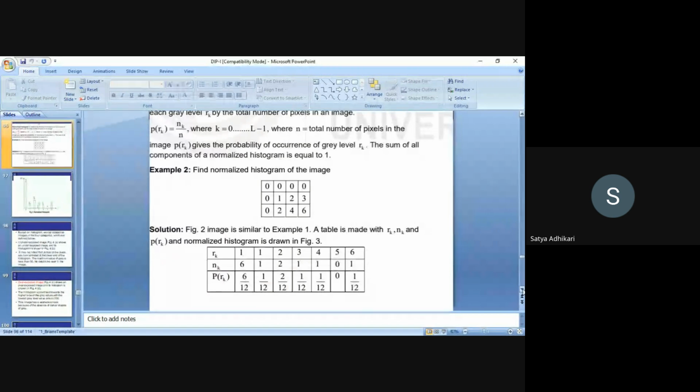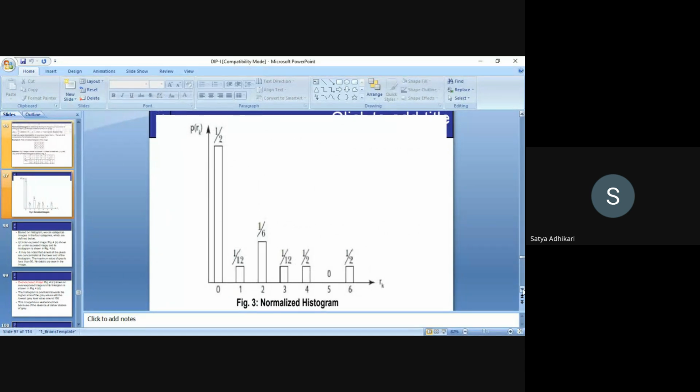You must get 1. That indicates that the sum of all components of a normalized histogram is equal to 1, and it is also 1.